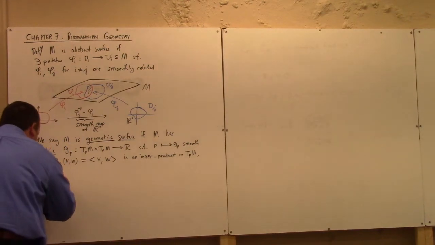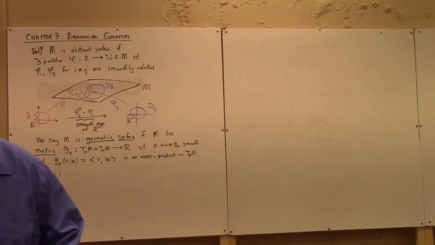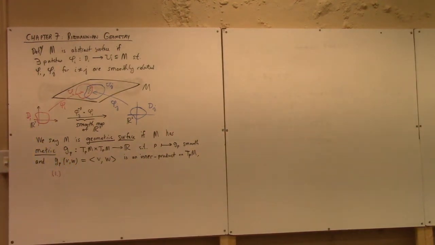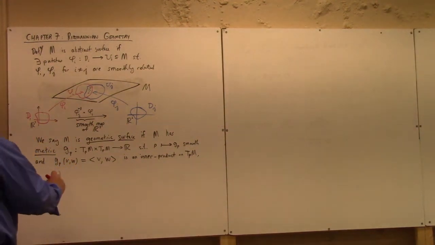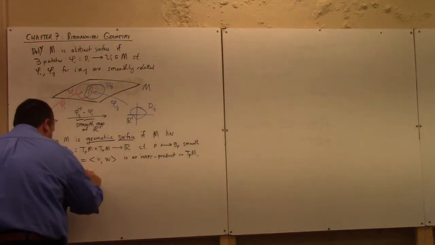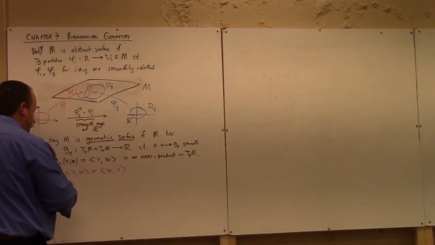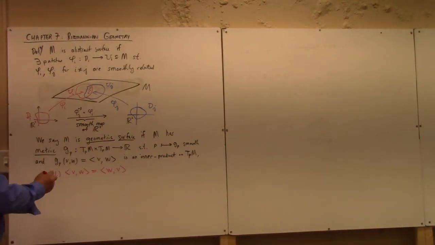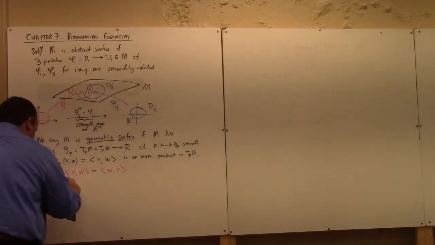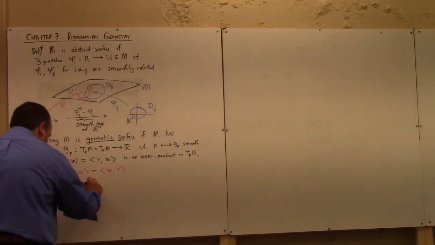I mean the algebraic properties of it. Like v, w, how does ⟨v, w⟩ relate to ⟨w, v⟩? The dot product is commutative. Yeah, they're commutative, and it doesn't matter which way you put them.